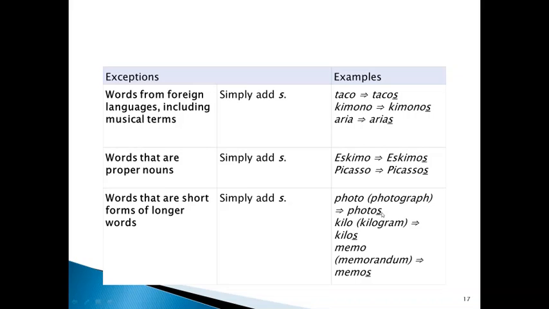We just add S because it is a short form of photograph. Kilo from kilogram, we'll say kilos without adding ES. Memo for memorandum, we'll say memos in this way.